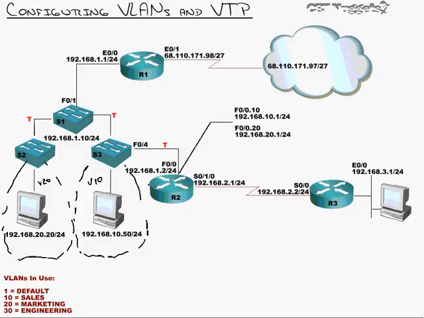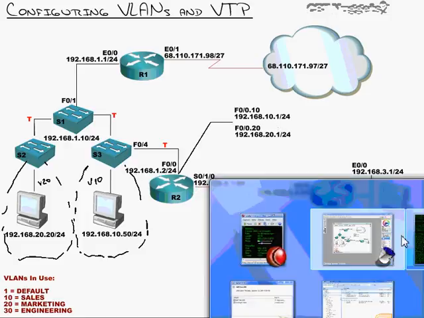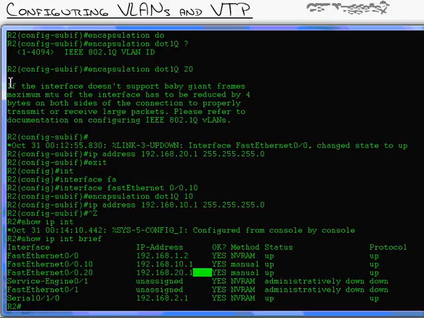So at that point, we now have the sub-interfaces configured on the router. Let me go back, I mentioned I was going to talk about this. The message it brought up says, if the interface doesn't support baby giant frames, the maximum MTU of the interface has to be reduced by 4 bytes on both sides of the connection to properly transmit or receive large packets. Please refer to documentation and so on.